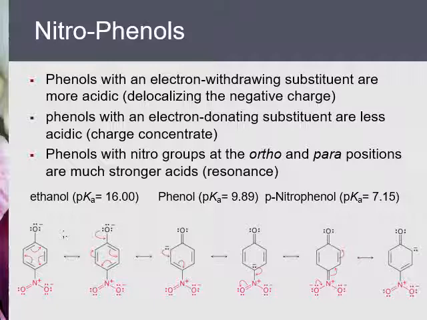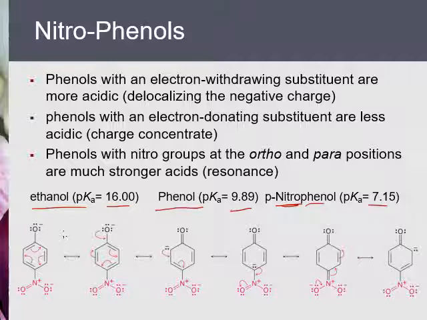For example, phenol itself has a pKa of 9.89, which makes it a stronger acid than ethanol, which has a pKa of 16. If you add a nitro group on the para position of phenol, the pKa is reduced to around 7.